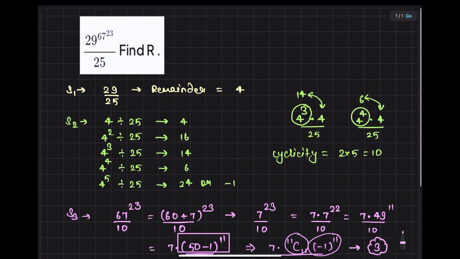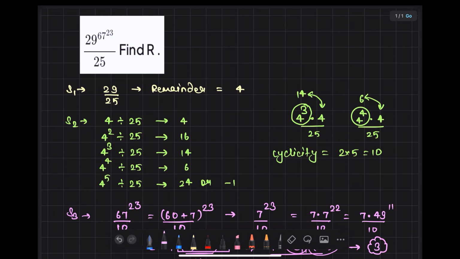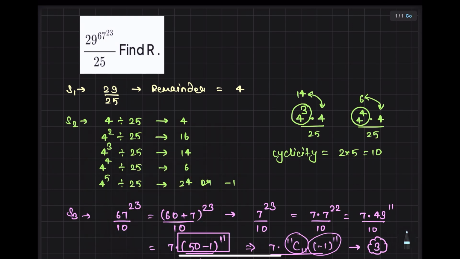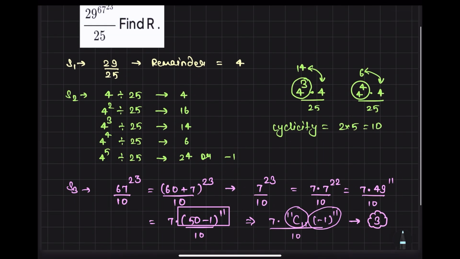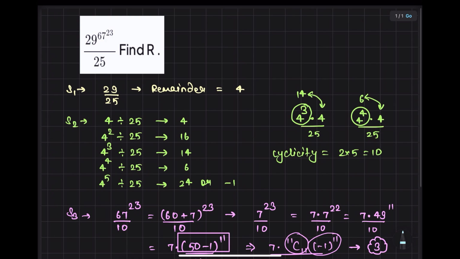Now we have broken down the power, and we have to follow the final steps. So now we will write this 3 in the power of 29, so 29 power 3 divided by 25. This will give us the final result. You know that 29 can be written as 29 into 29 into 29 by 25.